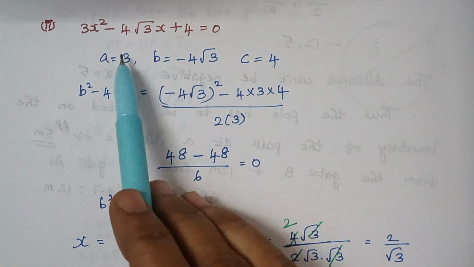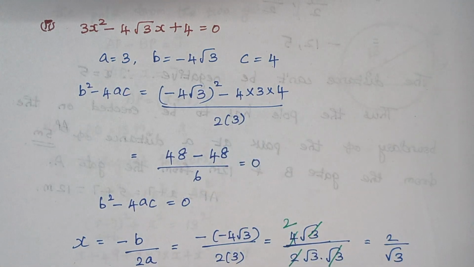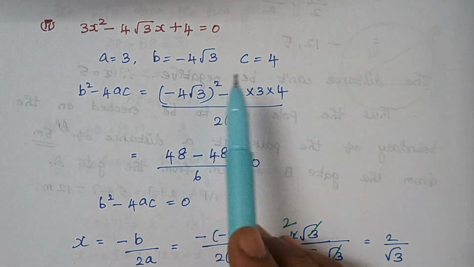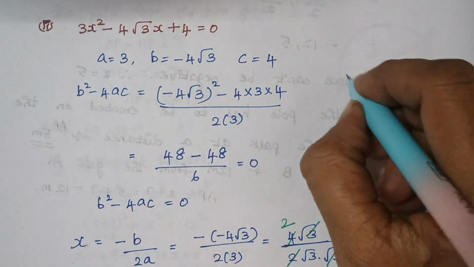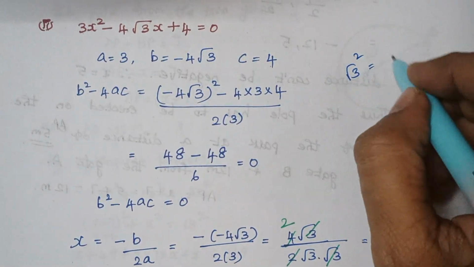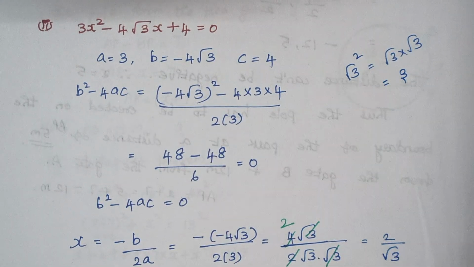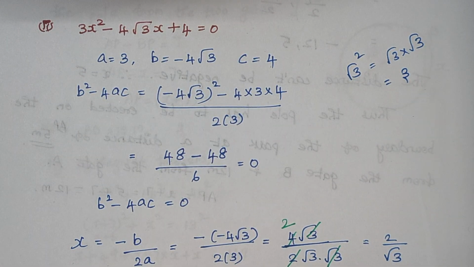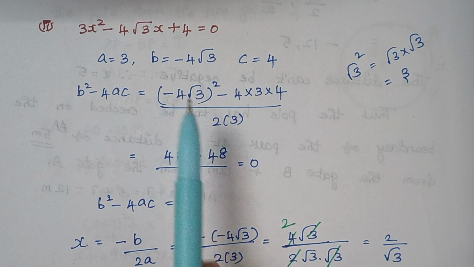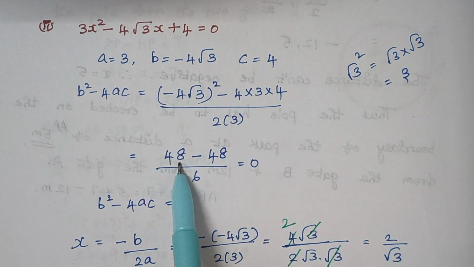Again when you solve, you see 4 square is 16, and what is root 3 whole square? Root 3 whole square is nothing but root 3 into root 3, which gives the answer as 3. Therefore 4 4s are 16, so 16 into 3, the answer is 48.